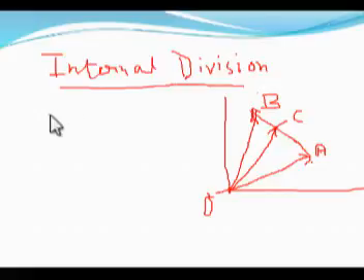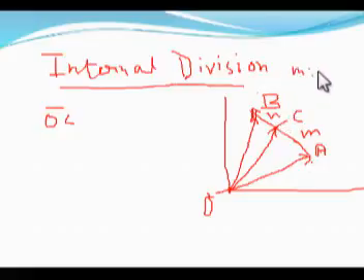OC vector will be, after internal division, C divides the AB line in the ratio m is to n.